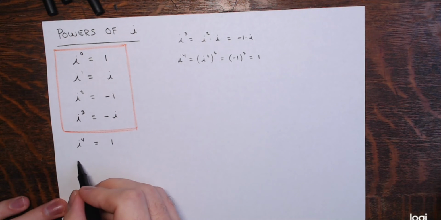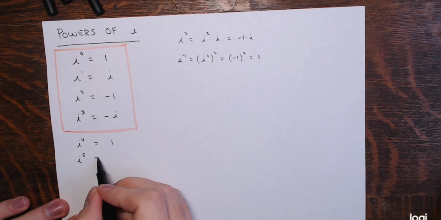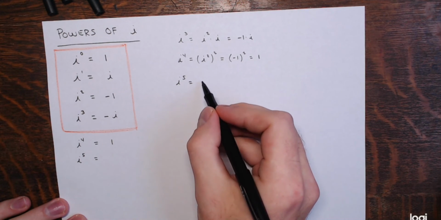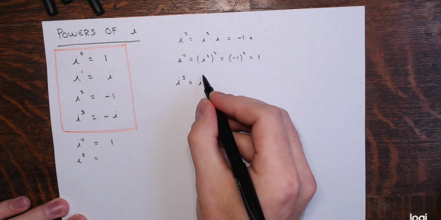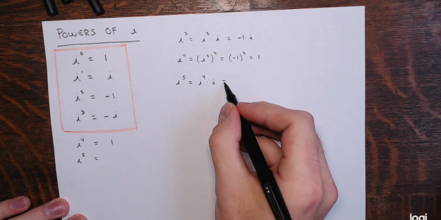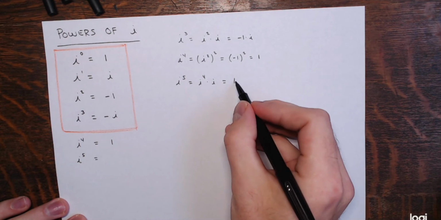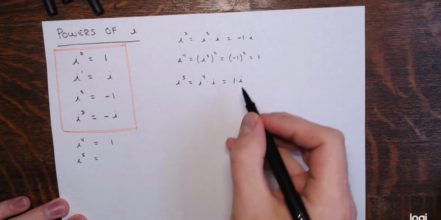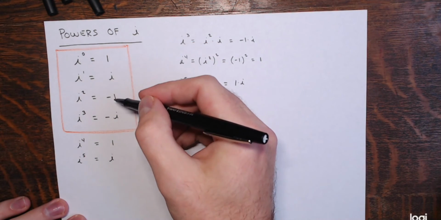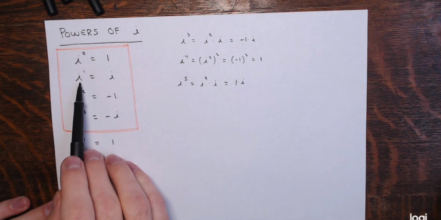How about i to the 5th? So i to the 5th, we can think of this using some properties of exponents. This is i to the 4th times i to the 1st. And what was i to the 4th? That was 1. And 1 times i is just i. And oh, look at that again. See how it's repeating this cycle? i to the 1st was i.